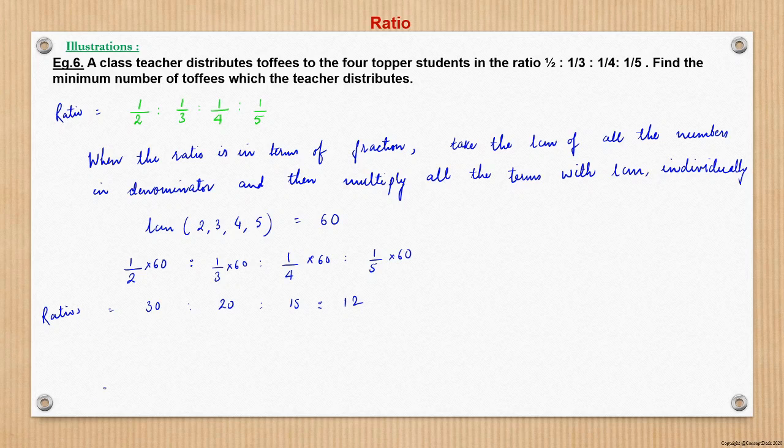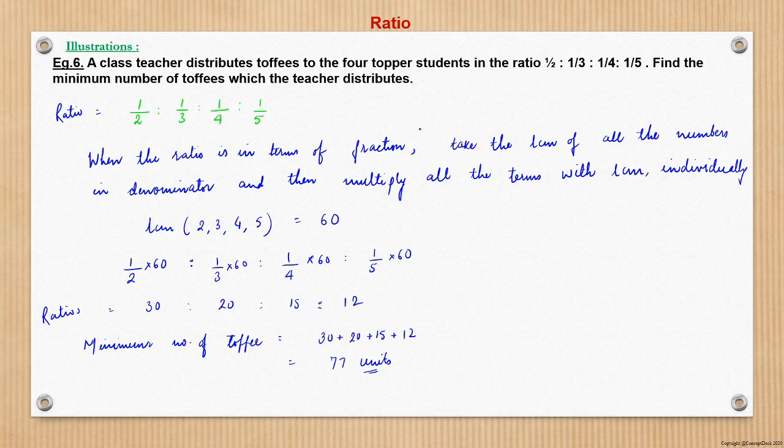Second multiple would be 30 into 2, 20 into 2, 15 into 2, 12 into 2. Then the next multiple would be 30 into 3, 20 into 3, 15 into 3, 12 into 3. So we have to take the smallest or minimum number of toffees. So the minimum number of toffees will be at the multiple of 1. Toffees is equal to 30 plus 20 plus 15 plus 12, 77 units, right?